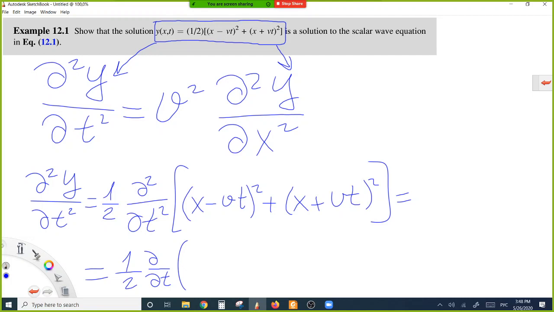Here we have 2(x minus vt) multiplied by minus v, that is minus 2(x minus vt) multiplied by v, plus the same 2(x plus vt) multiplied by v.